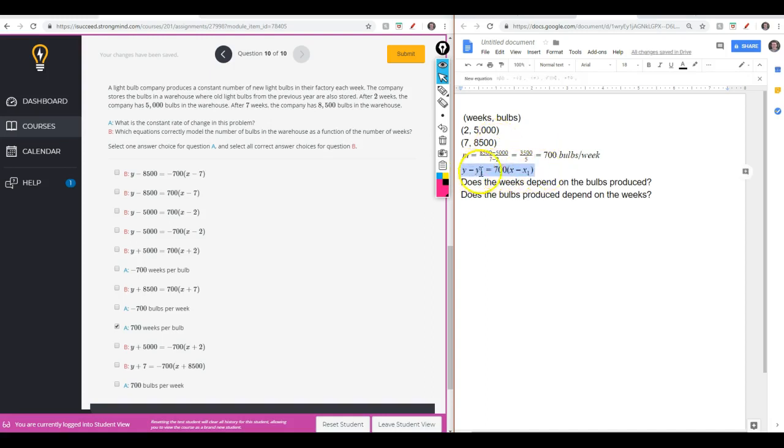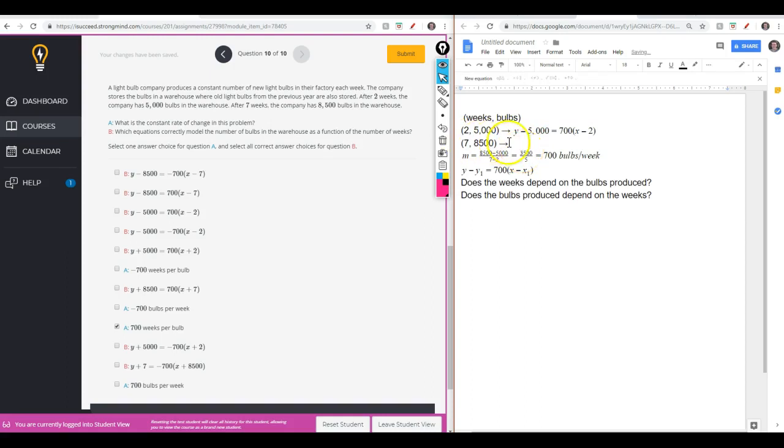So for this point, wherever there's an x1, since that's our x-coordinate, we would replace x1 with that, and since 5,000 is our y-coordinate, replace y1 with that. So that's our equation for this at week 2.